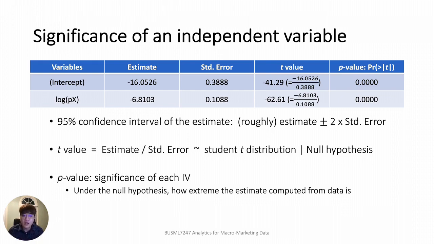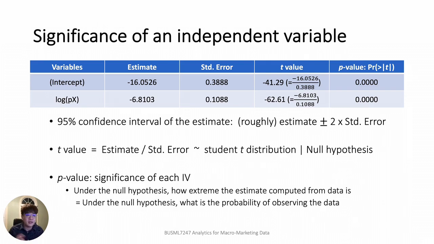For example, if the true intercept is assumed to be zero, the estimate computed from the data is super extreme. That is, the probability of having a more extreme estimate is almost zero. This definition of the p-value can be viewed as follows. Under the null hypothesis, the p-value is the probability of observing the data that generate the estimate value.